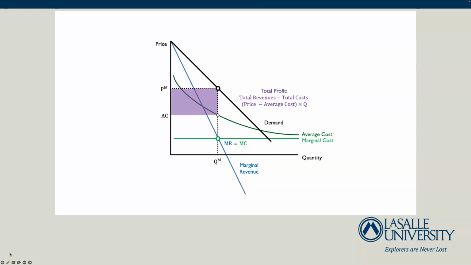That's total revenue minus total cost for this single product firm, or the difference between price and average cost multiplied by the quantity of output. So this is the outcome under monopoly, and here we have something like a 40% profit margin for that firm.